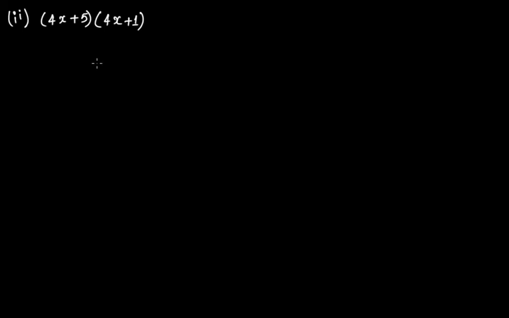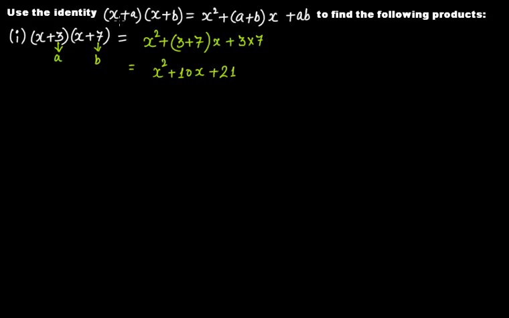Okay, now here this is (4x plus 5) multiplied by (4x plus 1). So again, you have to keep this in mind, that in this case this will function as x, this will be a, this will be b, because if you look at this one carefully, this is x plus a multiplied by x plus b.